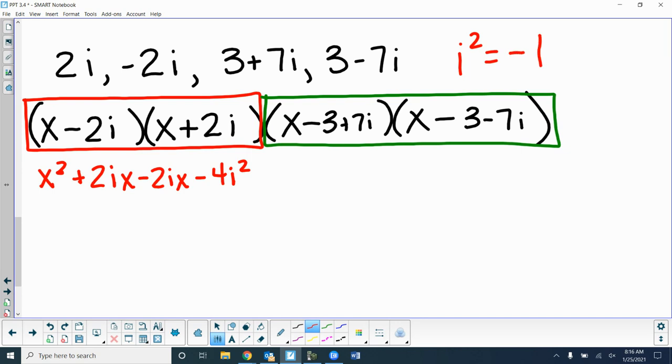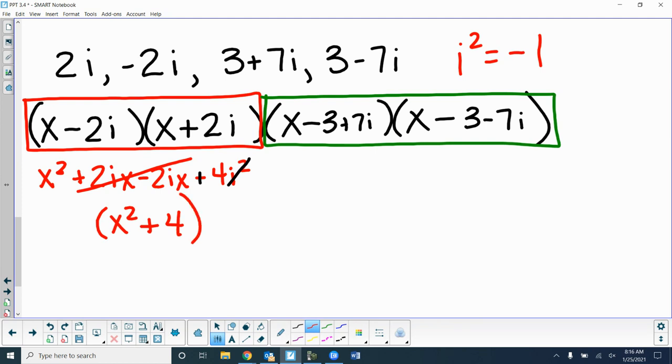Negative 1. Thank you. So, as you can see, the 2ix and the negative 2ix will do what? Cancel out. Remember, since i squared is negative 1, this is negative 4 times negative 1, which is what? Positive 4. So this answer is x squared plus 4.